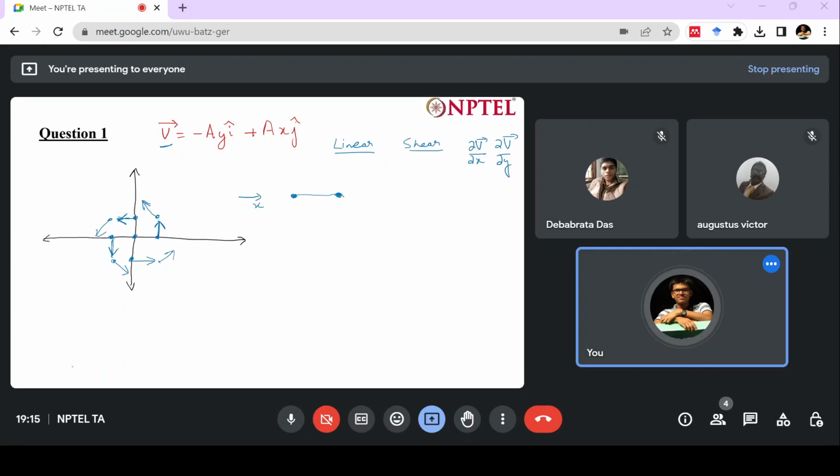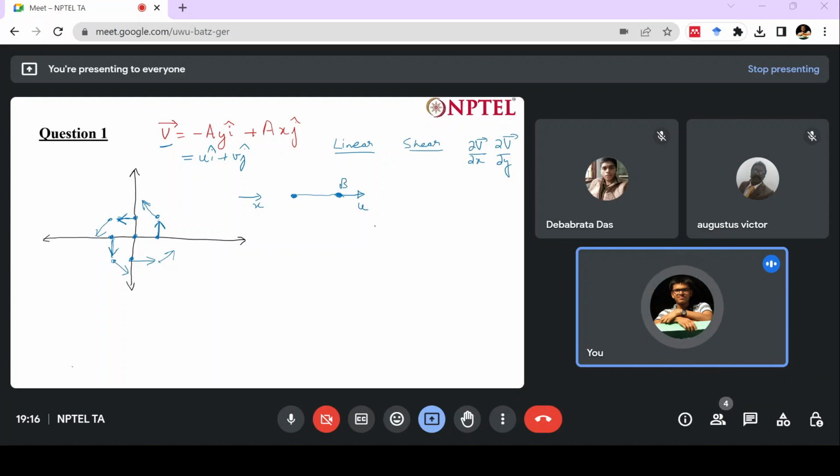So along this line element, I will have the velocity component u. I'm representing the velocity v as u i cap plus v j cap. This is the standard notation, you already know this. So this is going with the velocity u.